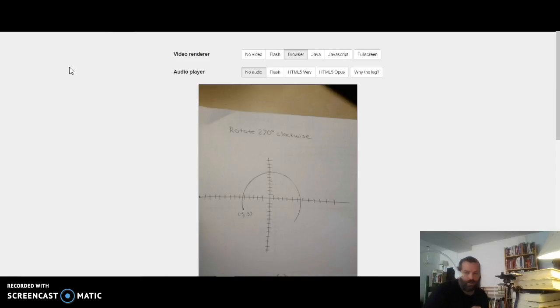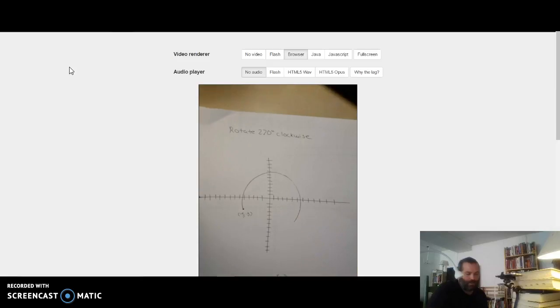And now we ask ourselves, where will the negative signs be? And to figure that out, all we do is we look at the quadrant that that point is going to end up in, this quadrant right here. In this quadrant, the x's are positive and the y's are negative.